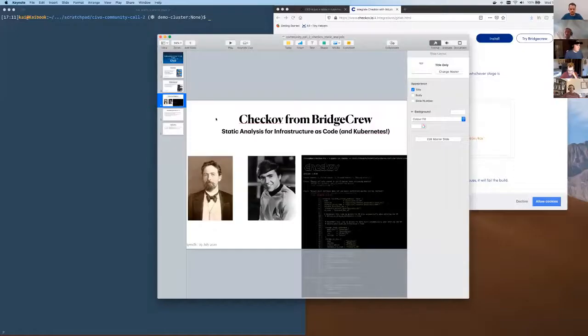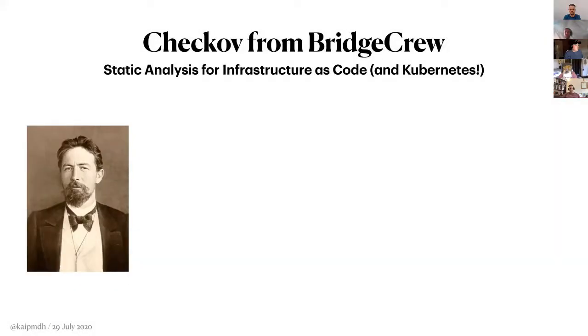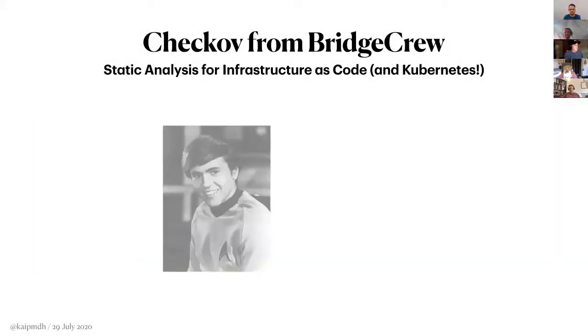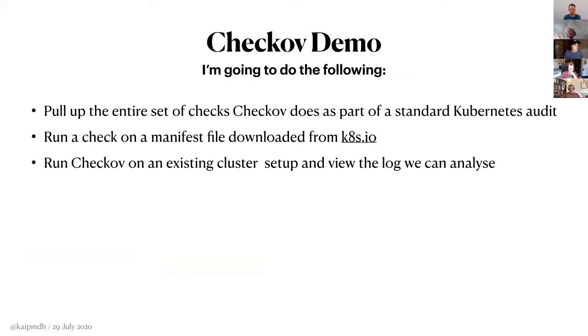Sorry. What we're going to do is run Checkov on a cluster and locally. So we're briefly going to show all the things that Checkov checks for in a Kubernetes audit.